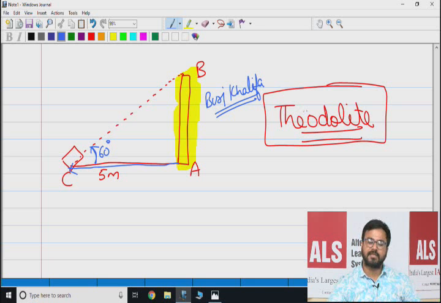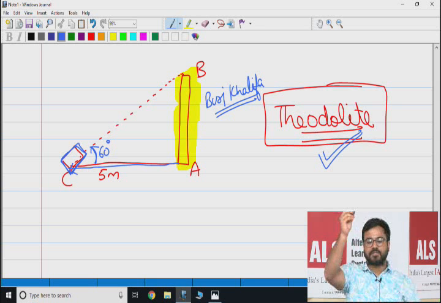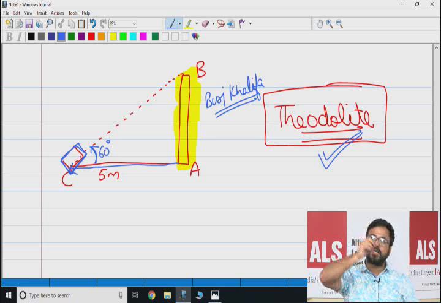Now there is a device called theodolite. Theodolite is the device which is used to measure angles. So if you place that device on point C, and from that device you look at the top of the Burj Khalifa at point B, it will form an imaginary line of sight.